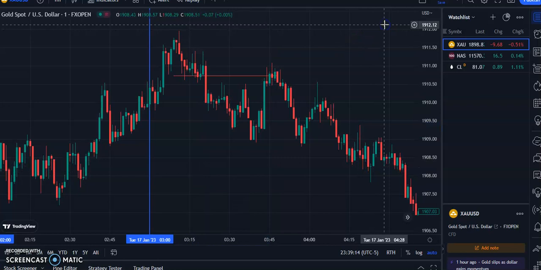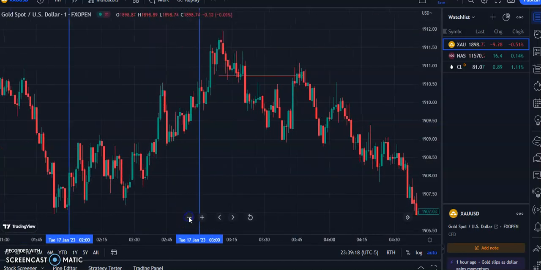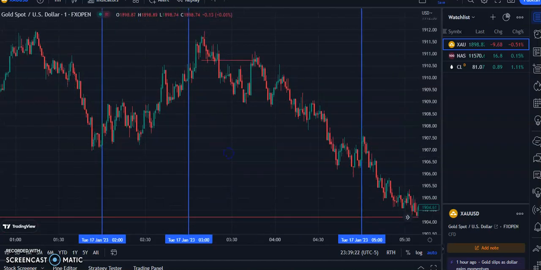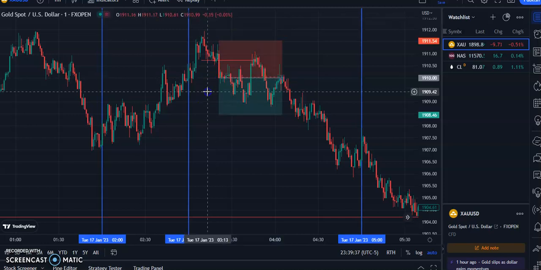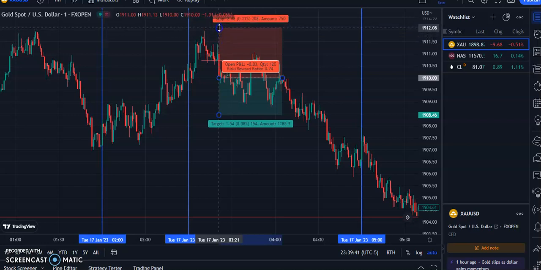Now, I'm not looking to trade that. If you have a very big account, then you can trade that, because the bigger the risk, the bigger the reward. So, in theory, assuming that I have unlimited resources, this is my entry at that engulfment. My stop loss will be above.